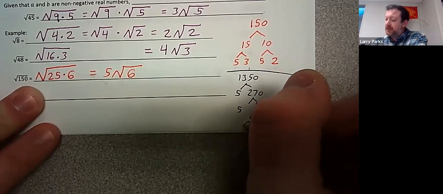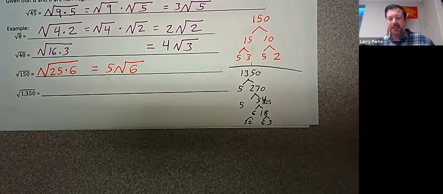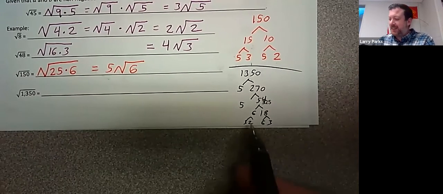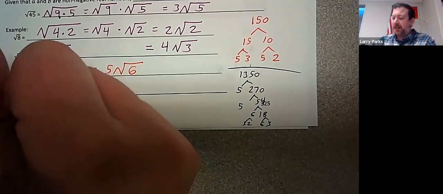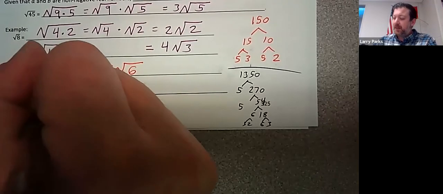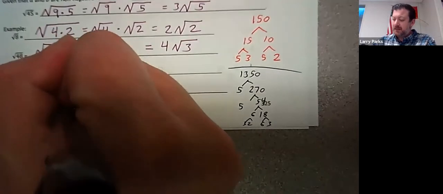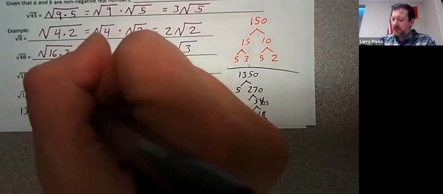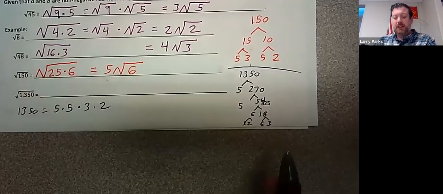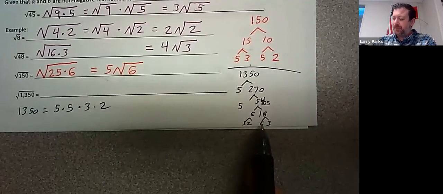And that's 3 and 2. That's 6 and 3. I'm running out of room. What I'm trying to get at, and then the 6 makes 3 and 2. And so if you were to take 1350 and break it up, you'd get 5, 5. You'd get a 3 and a 2. And then you could break 6 into 2 times 3. I just ran out of room. And then you have a 3.